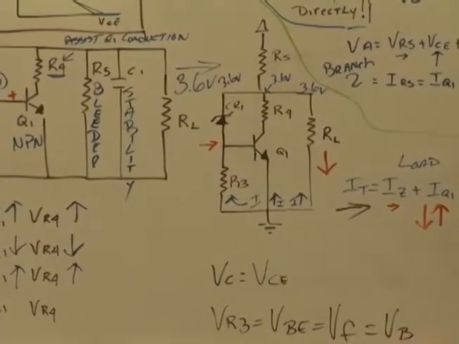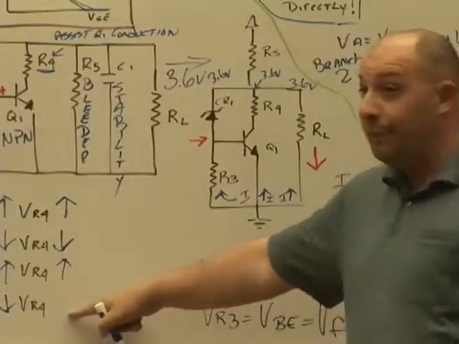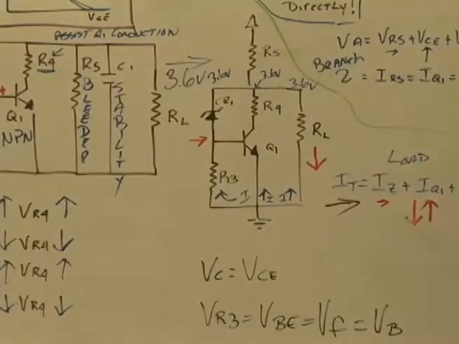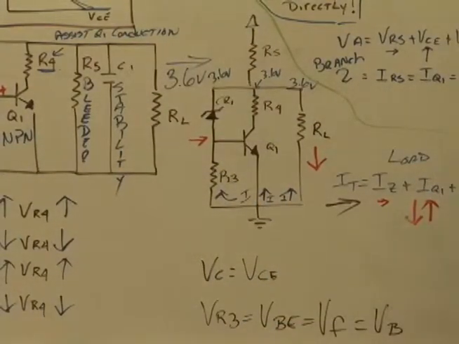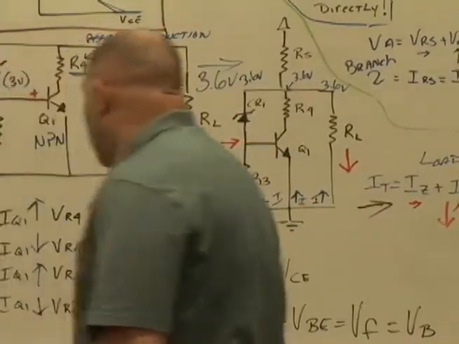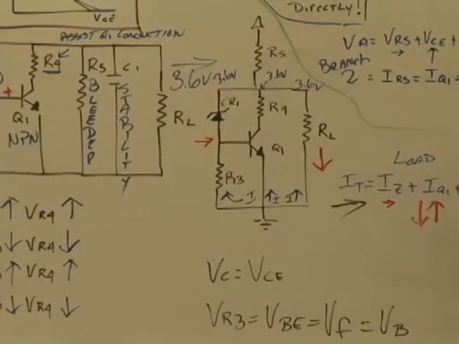Less transistor current, so it conducts less. The voltage drop across R4 decreases. Since VR4 goes down, VCE has to as well, so I get that 3.6 volts back. There it is.